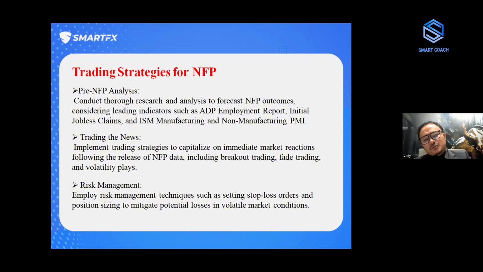Now let's talk briefly about ISM manufacturing and non-manufacturing. PMI is the Purchasing Managers' Index, another significant data point and one of the reliable indicators, based on services and manufacturing.